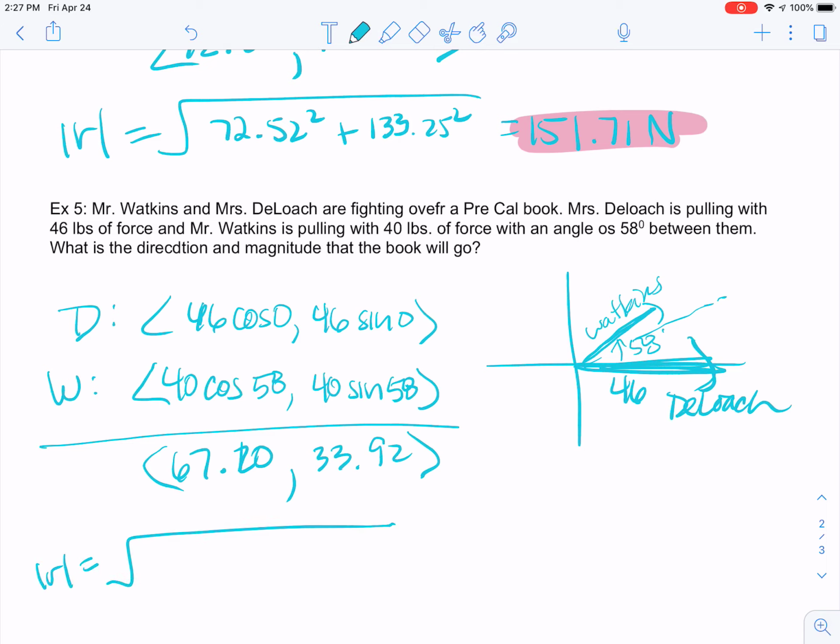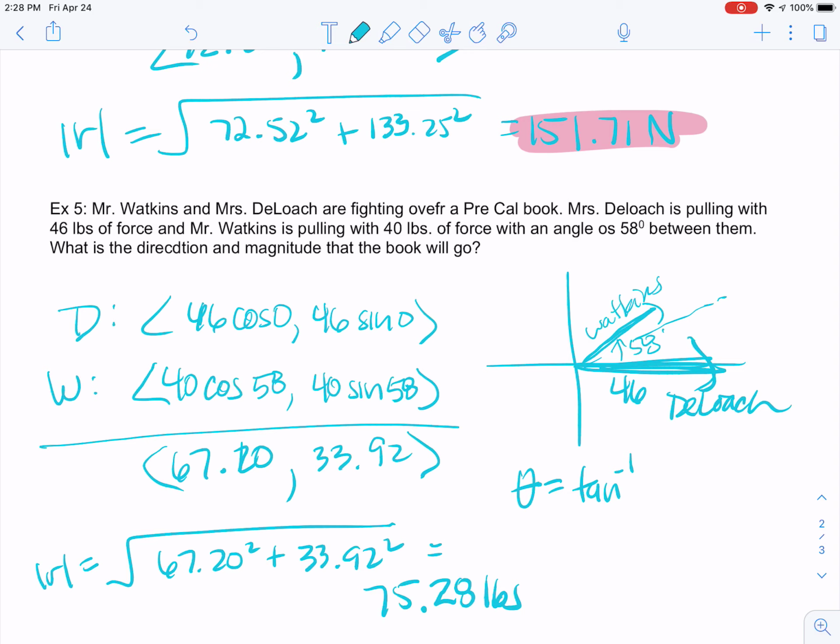Magnitude of the resultant, square root of 67.20 squared plus 33.92 squared. And we get 75.28 pounds of force.